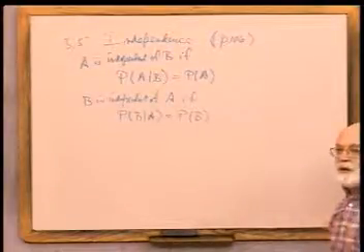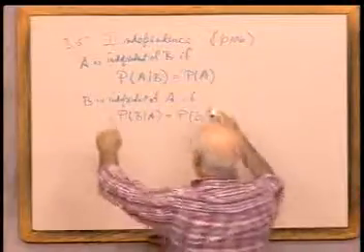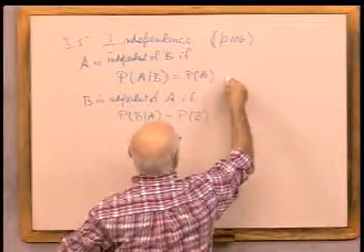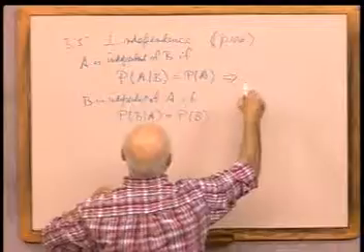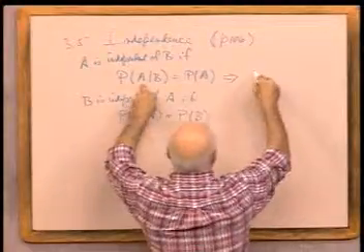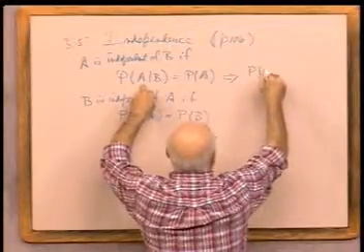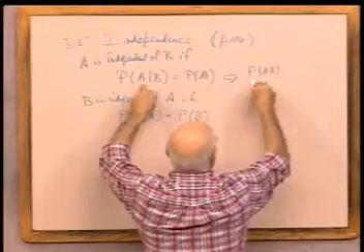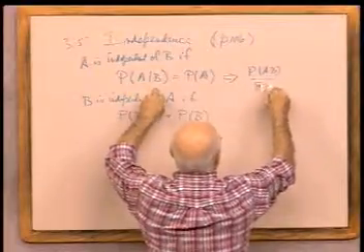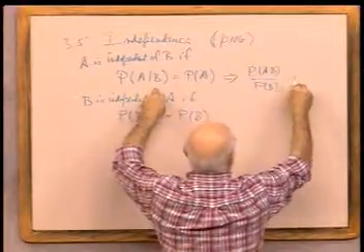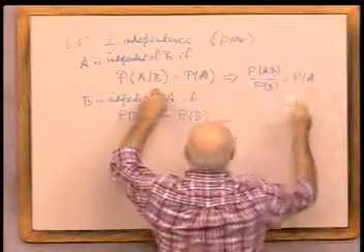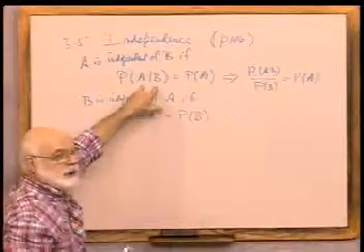And in fact, these are equivalent because what does this statement say? This is the same thing as saying that the probability of AB divided by the probability of B is equal to the probability of A. In other words, I'm applying the definition of conditional probability here.